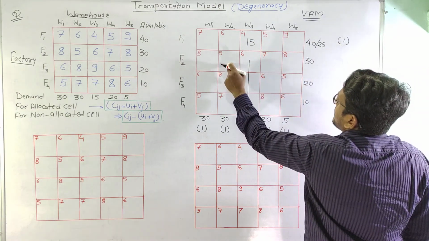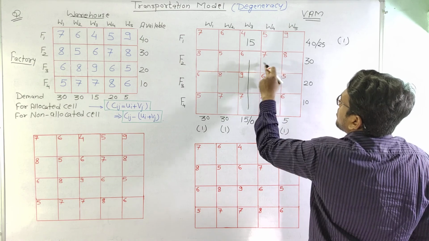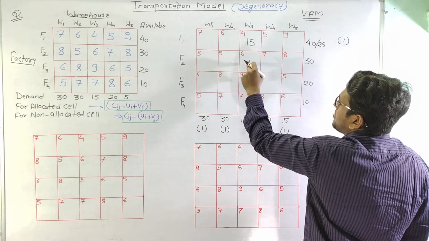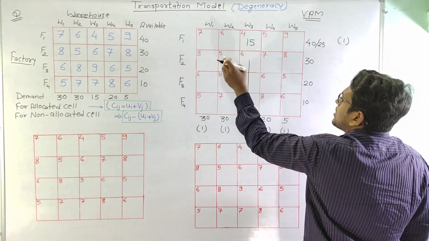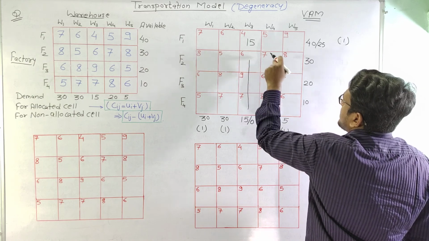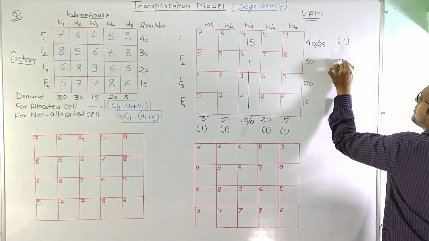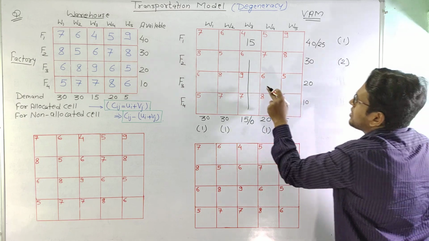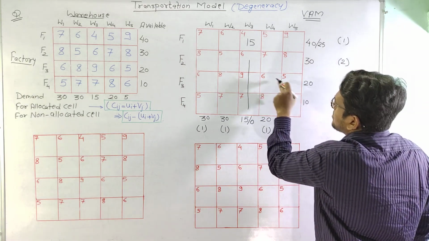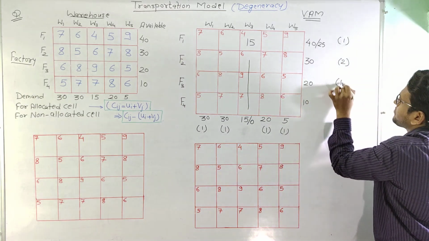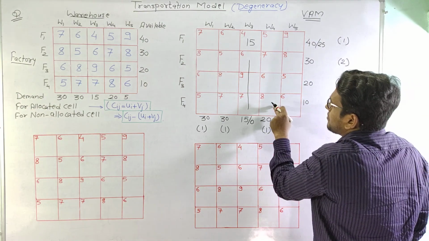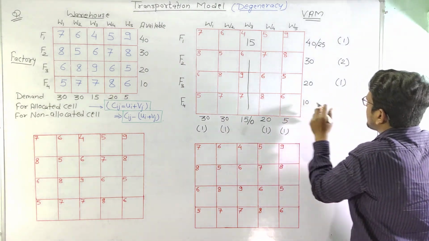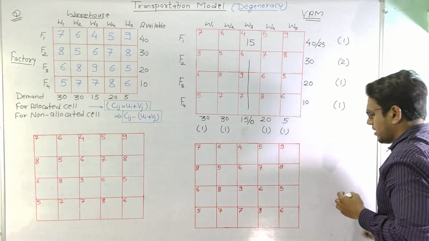Here minimum is 5, next minimum is 7, because 6 is now not eligible, or I can say not active. So the minimum is 5 and the next minimum is 7, so the penalty here is 2. Similarly we have 5, next minimum is 6, so penalty is 1. Here we have minimum 5, next minimum 6, and the penalty is 1.